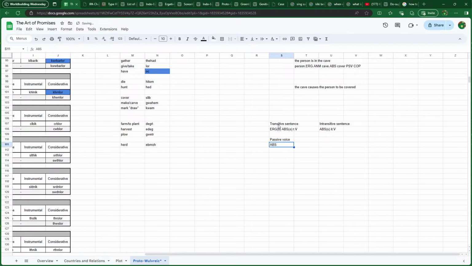So we can turn a transitive sentence into an intransitive sentence through the passive voice. So this is the absolutive object now. The intransitive verb and the passive marker, right?